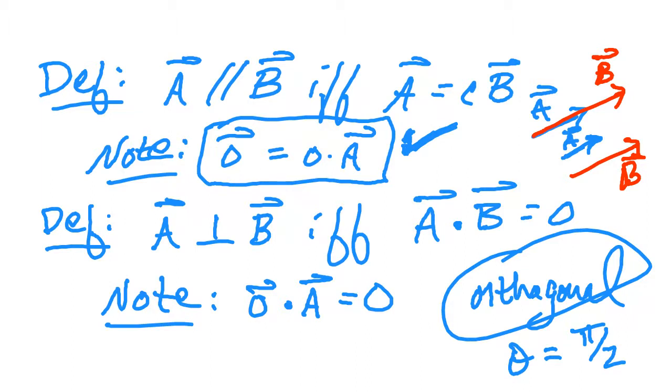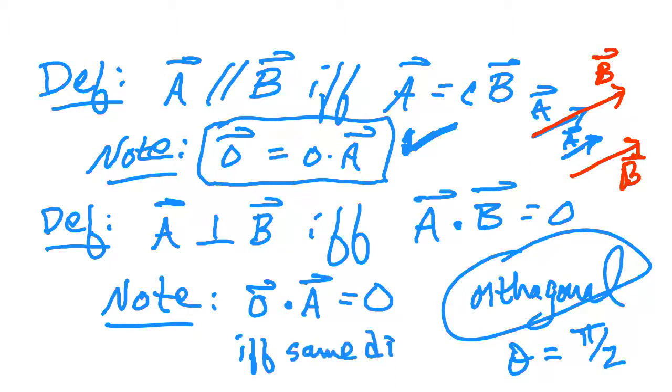But the question is, is the zero vector orthogonal to any vector? If you take zero vector dot A vector, does that equal 0? Well, this is true if the zero vector and the A vector have the same dimensions.